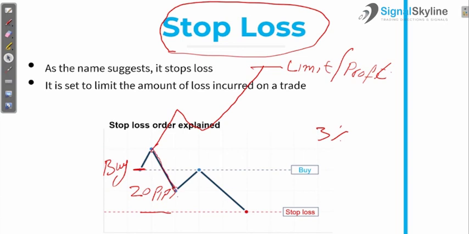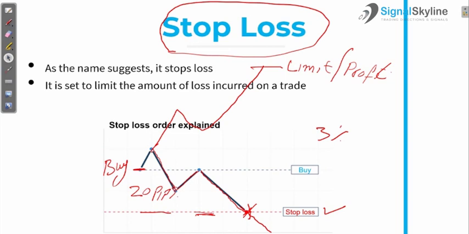It comes back again, and then instead of going up, it starts going down again. Now, when it comes down to 20 pips or whatever your stop loss is, once it hits that and goes even lower, it doesn't matter. Your trade station will execute your price here, and you'll be out of the market.